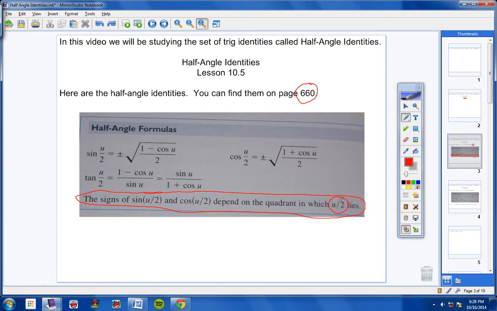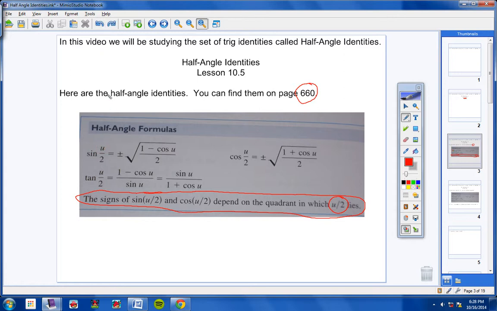So let's pretend we have 120 for u. 120 over 2 is 60, so the sign you would use is whatever sign would be in the first quadrant. Let me give you another example.